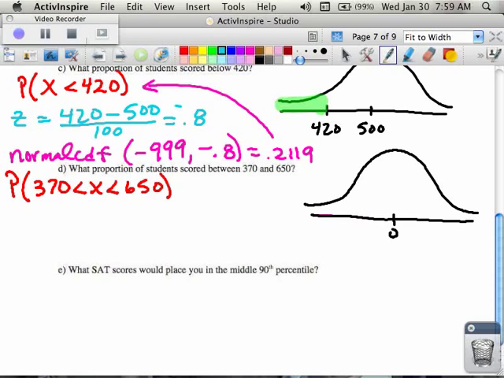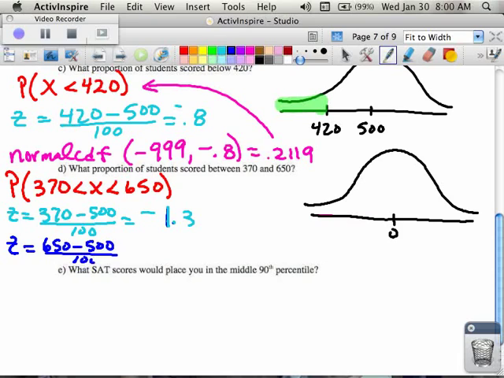The first z-score would be 370 minus 500 over 100, which would be a negative z-score, negative 1.3, my bad, sorry. Then my second z-score would be equal to 650 minus 500 all over 100, so that's positive 1.5.